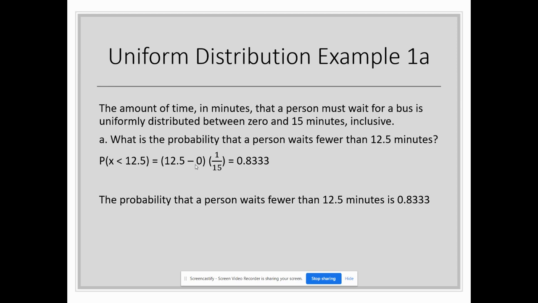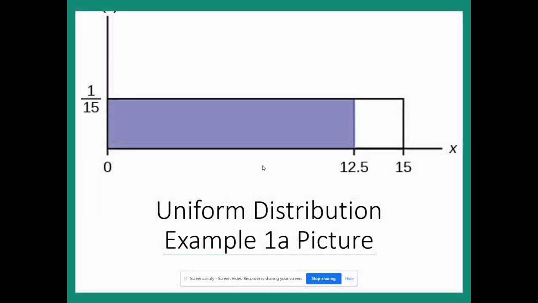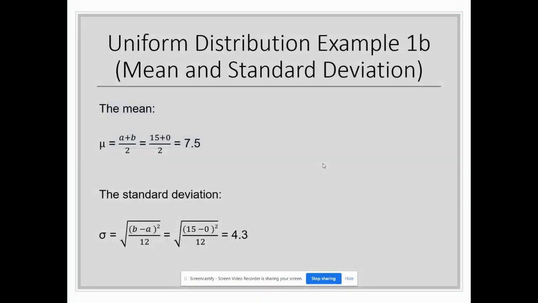Remember, I've got to go to 0 on this one because it started at 0 right here. And it's 1 over 15, remember that 1 over 15 minus 0. So I get 0.833. The probability that a person waits fewer than 12.5 minutes is 0.833. And here's the picture of that: here's the 1 over 15, 0 to 15, and I want to know this area in purple. So that was 0.833.